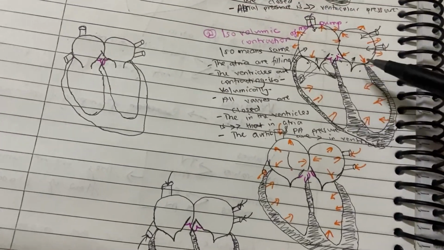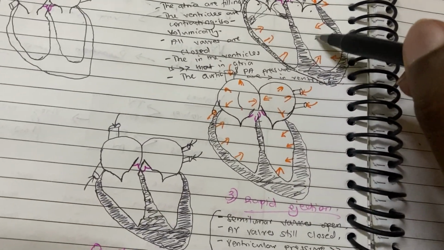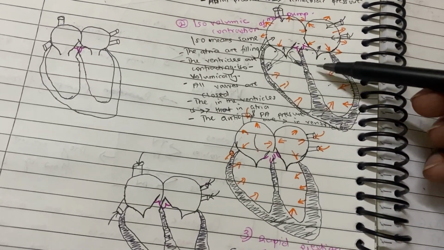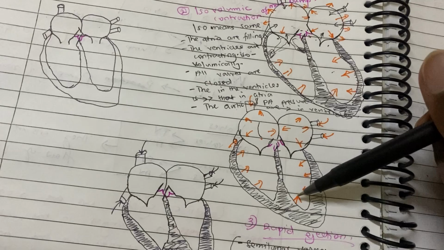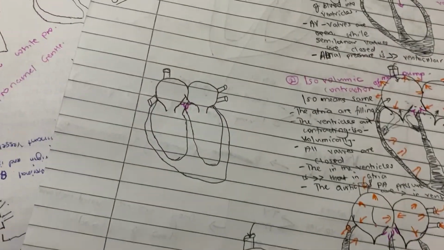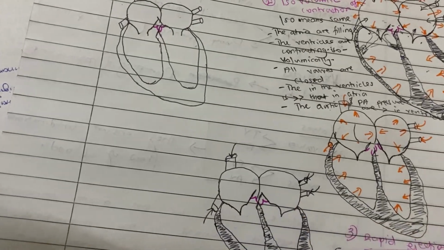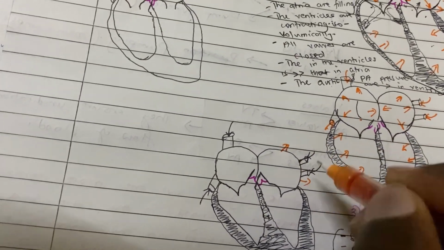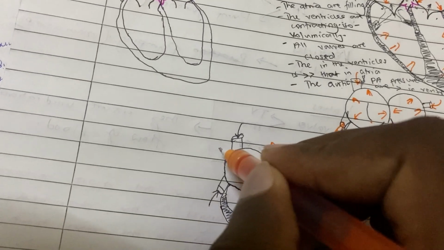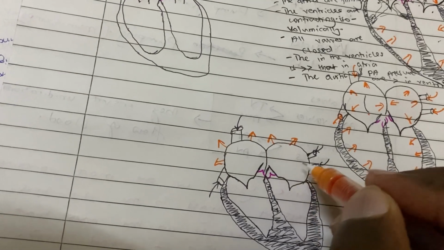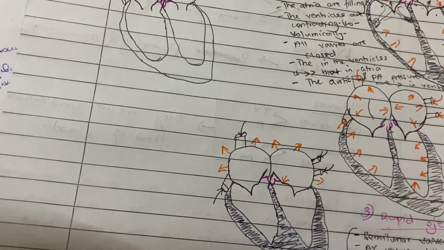At isovolumic contraction, these ones are larger than this one, because here no blood has gone out, but here some blood has gone out. The more blood that leaves, the smaller it becomes. So here the atria are still in their relaxation phase, but in the last parts it is almost full.